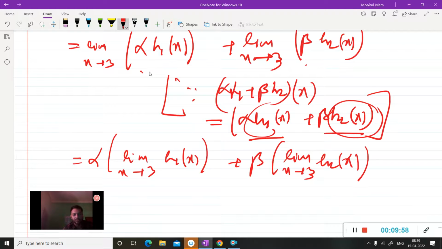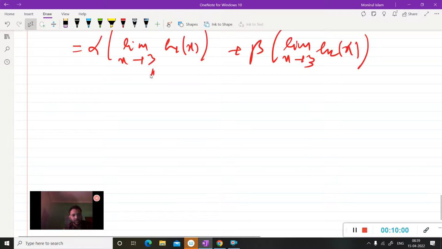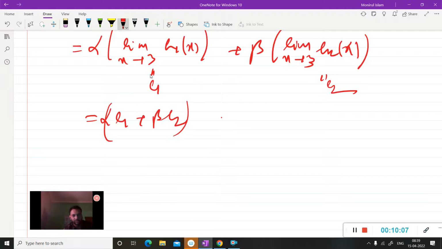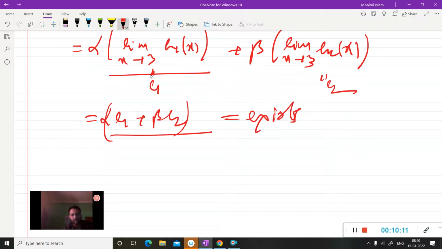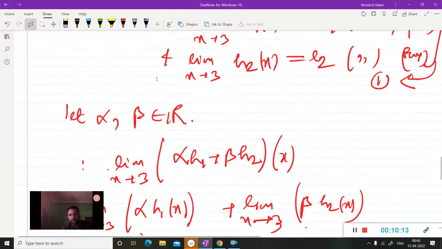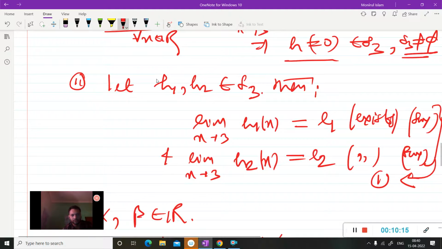Okay, now the limit x tends to 3 of h1(x) exists, I have named it L1, and the limit x tends to 3 of h2(x) is L2, so this becomes alpha L1 plus beta L2, so the whole thing exists. Okay, from 1 it is L1, it is L2.